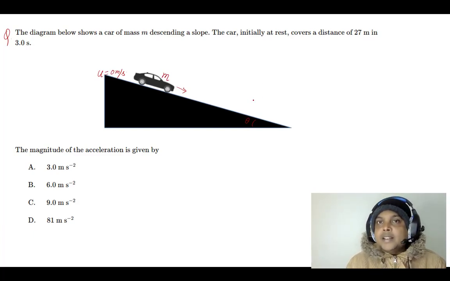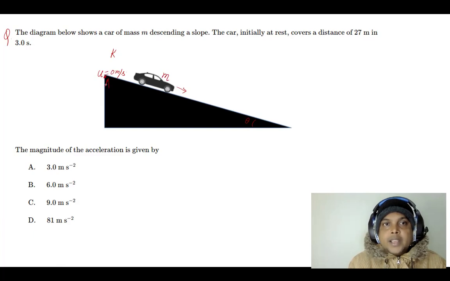Now the car, initially at rest, covers a distance of 27 meters. It gives the total distance it covered. The distance started from this point; let's suppose this point is A. From A to B, the total distance is 27 meters.